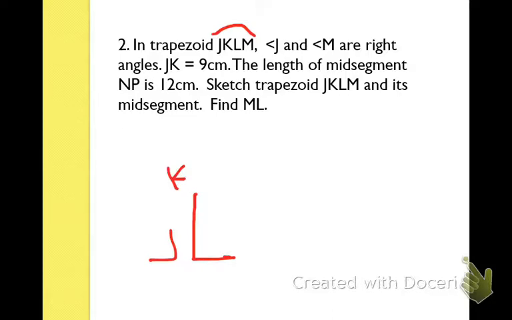If J and M are right angles, if it's got two right angles, we'd have to do it this way. We'd have to put the K over here. So this is J, and then we'd have K this way.